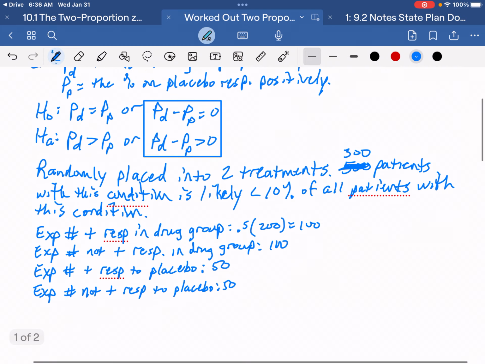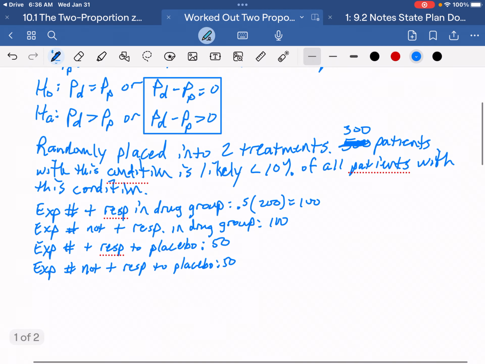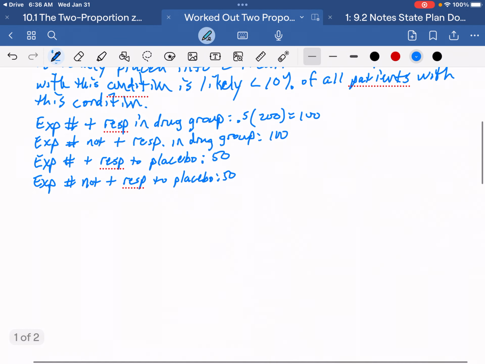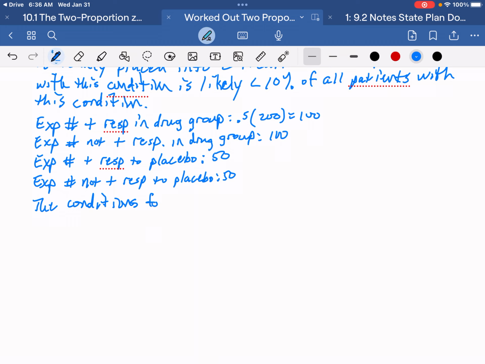So you can see all four of those numbers are greater than or equal to 10. So the conditions for a 2 proportion z-test are met.